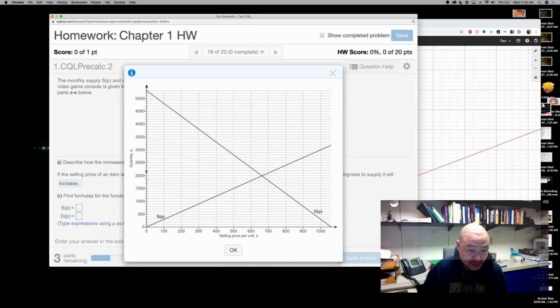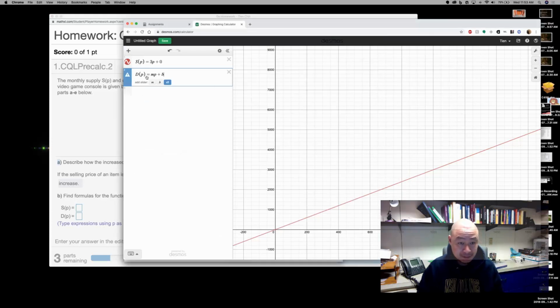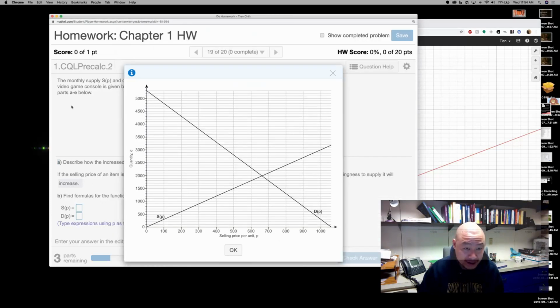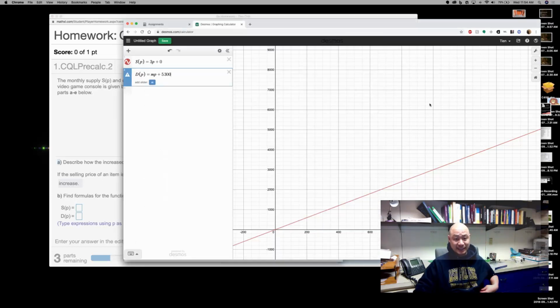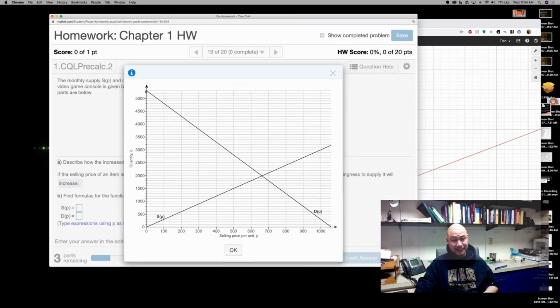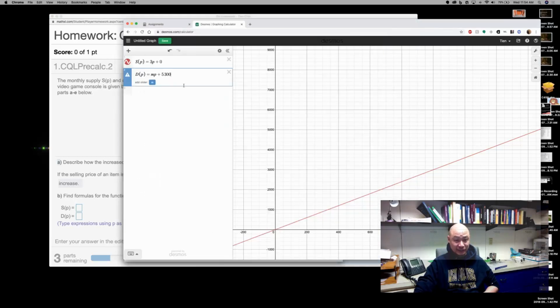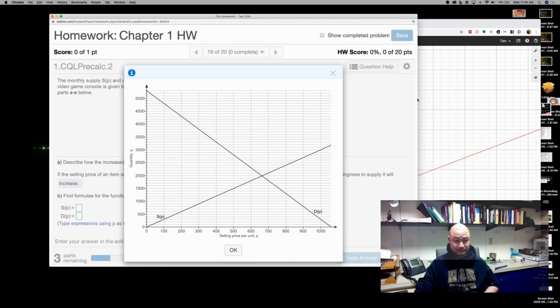When the price is 0, people are willing to buy 5,300 units of this stuff, and that's just from reading off this graph here. And our reasoning is the same. That's where this curve intersects the y-axis. And also, if I evaluate this function at p equals 0, I do get 5,300, which is this height here.